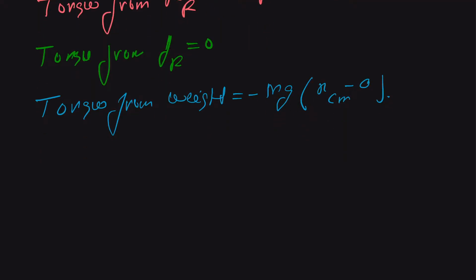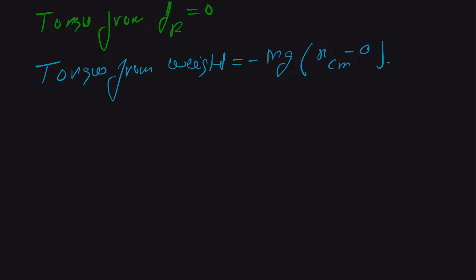The distance will be xcm minus a, because a is the total horizontal distance between the front and rear, and xcm is the distance from the midpoint to the origin. Once again, our net torque is 0.